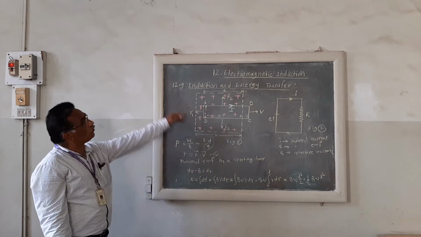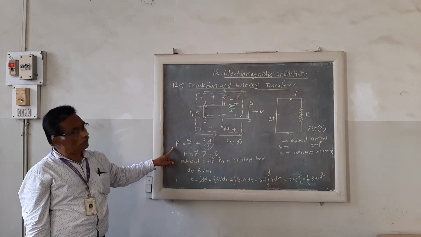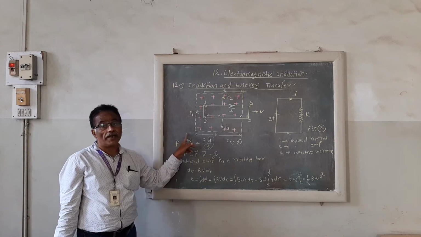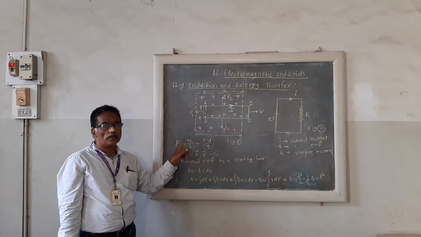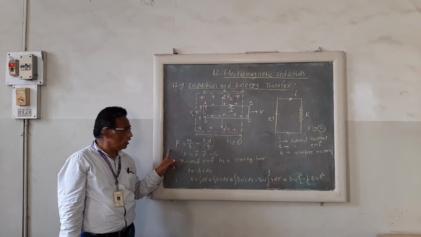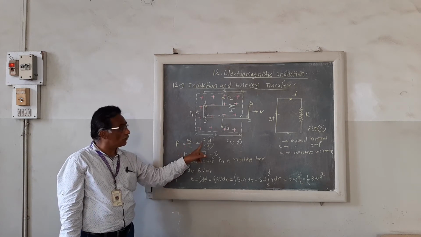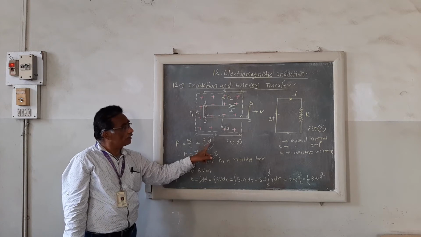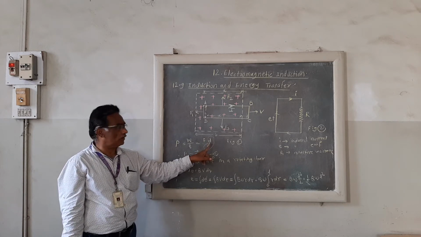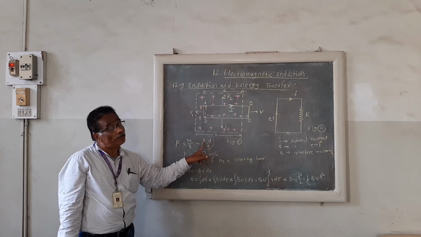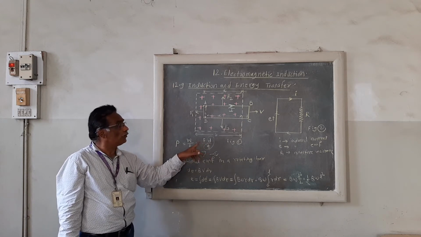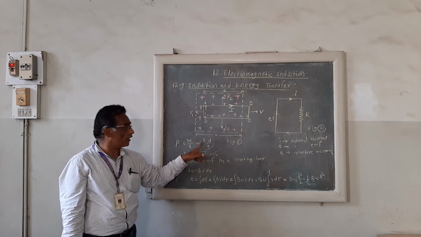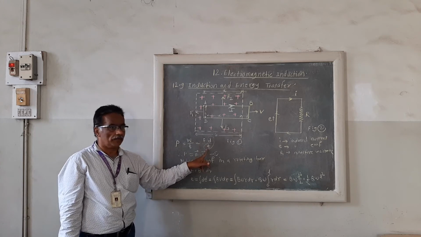Now, if you want to find out the power in the circuit, power is the rate of doing work. Work upon time is power. But the work done is the product of force and displacement. Here, d represents displacement of the coil, F is the force applied to the coil in order to pull it out of the magnetic field, and t is the time.